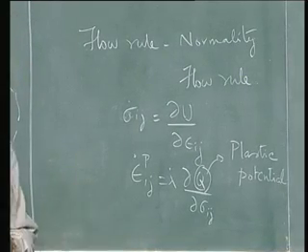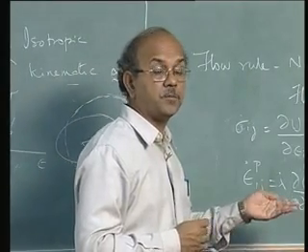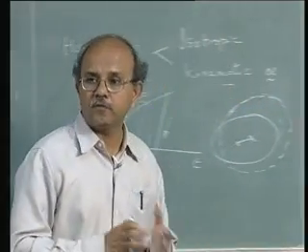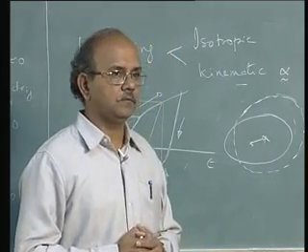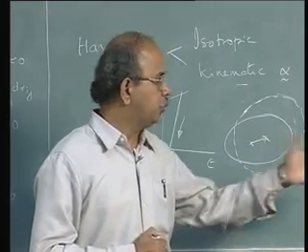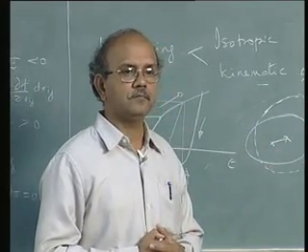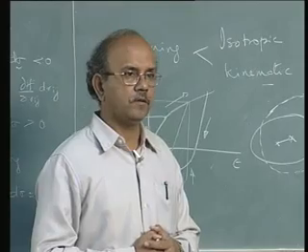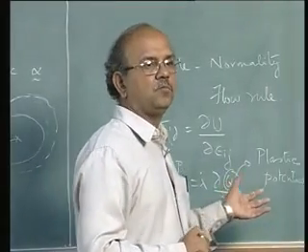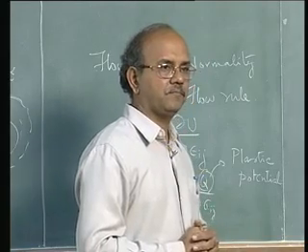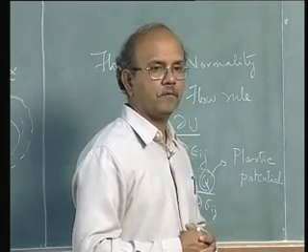Now, what is this plastic potential? How do I get this? This has been a very interesting aspect of research in plasticity, and it has been found that when q is replaced by my yield function f, then it is possible to model most of the metallic materials, like steel and so on.